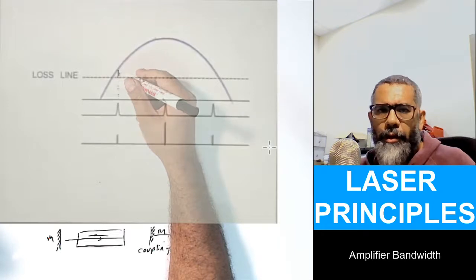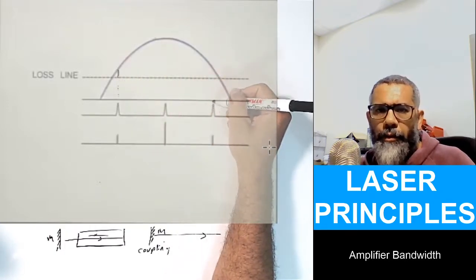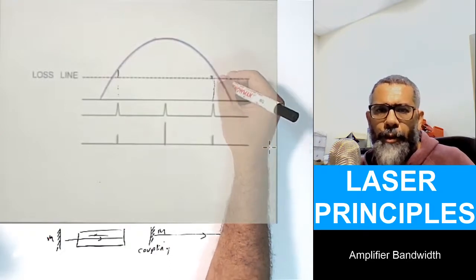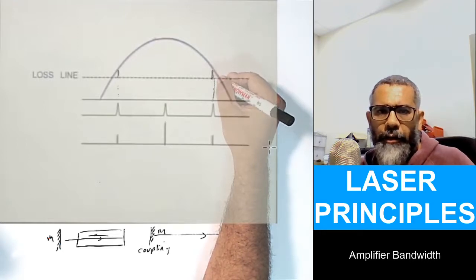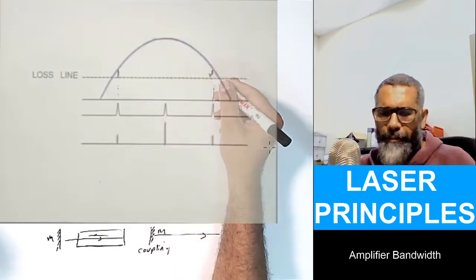So this is amplified. Well, similarly, this one also, when it is projected, has this portion of gain provided by the bandwidth of the amplifier.